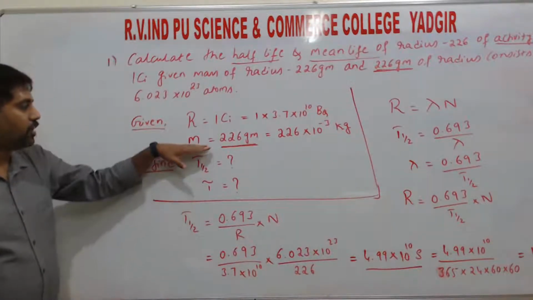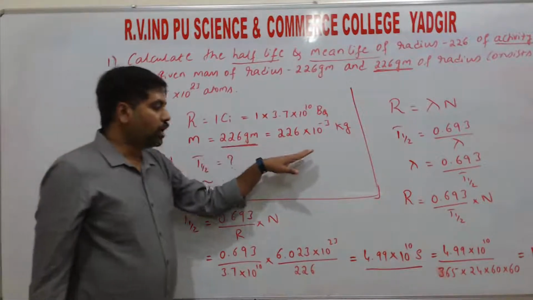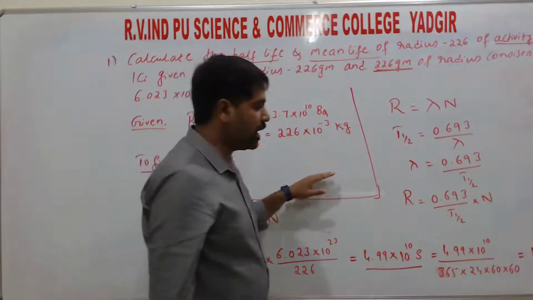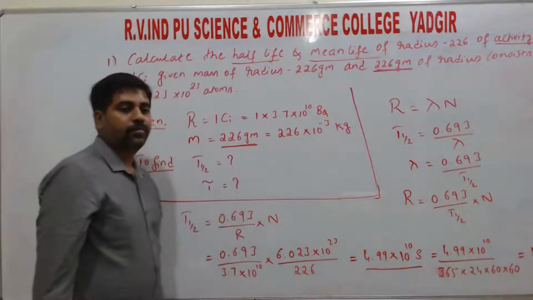For example, if this mass has 200 nuclei, then the time required to reduce to half, that means to reduce 100 nuclei, means it takes 1583 years, right?